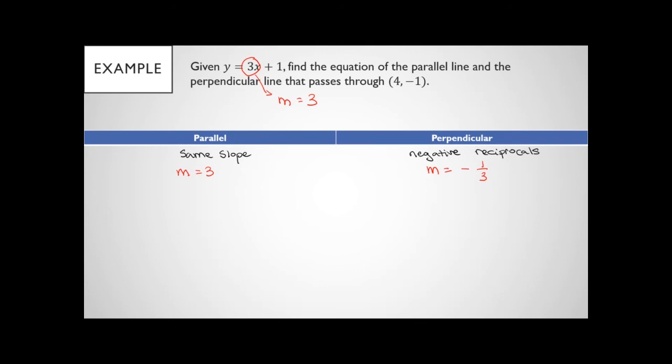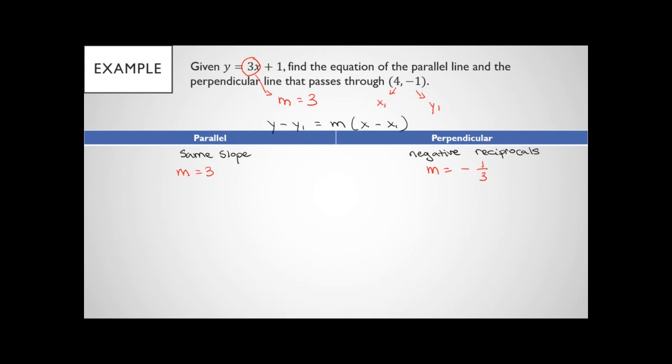We're going to have it pass through the same exact point. We got 4, which is x1, and then negative 1, which will be y1. And we're going to use point slope form. Y minus y1 equals m times x minus x1.